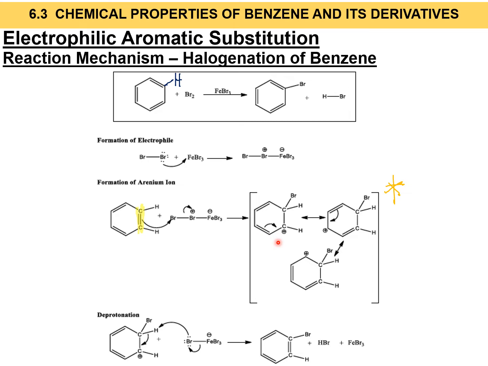Okay, kita ambil balik produk yang kita dah form from this step 2. Okay, lepas tu apa yang berlaku ialah kat sini kita nak hilangkan this positive charge here, and also kita nak buat double bond kat sini balik. So macam mana tu, kita ambil balik electrophile yang kita dah yang this Br dia dah remove dengan this one.